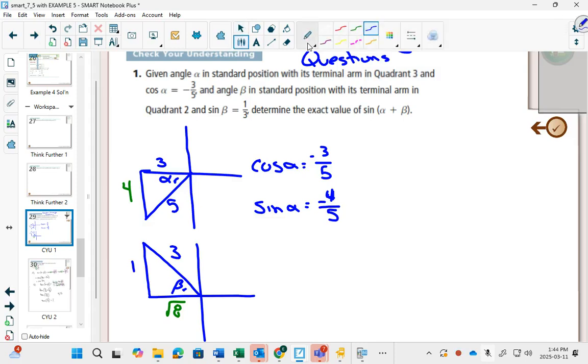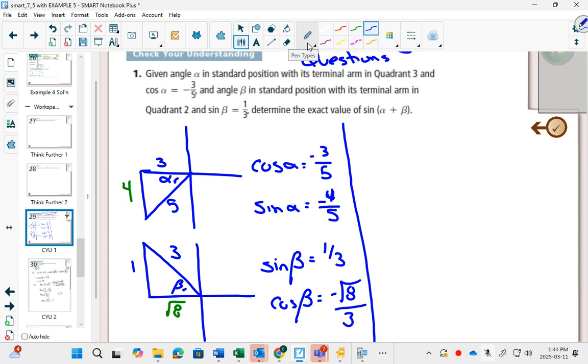So I know already that sine of beta was 1/3. From my triangle, I now know that cos of beta, because it's in quadrant 2, it's negative, is negative root 8 over 3.